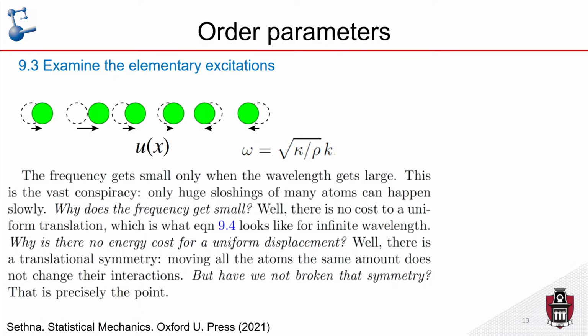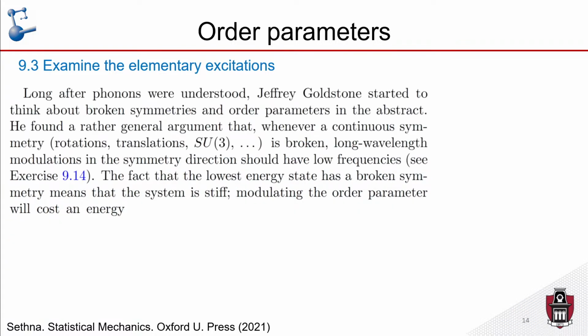I will not say much about this. This is just a comment in the book, but he makes a connection between these low energy excitations, the quasi-particles in a given physical system, with Goldstone modes. But I'm not gonna go there.